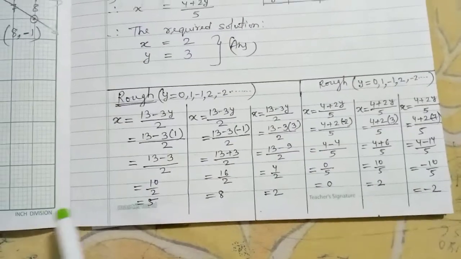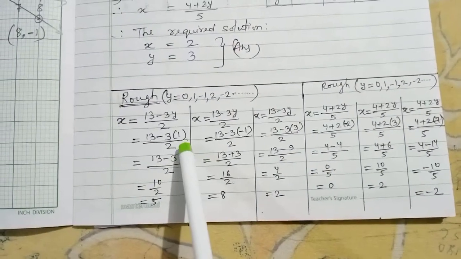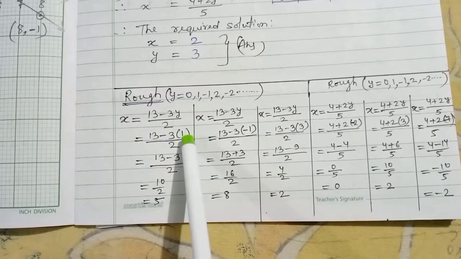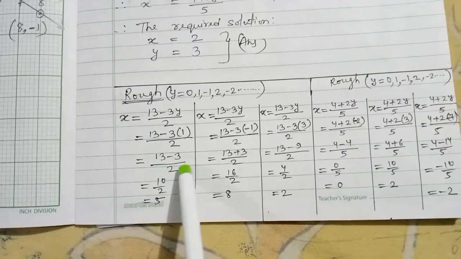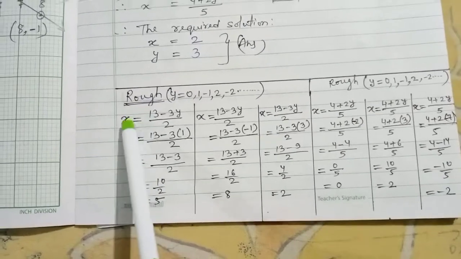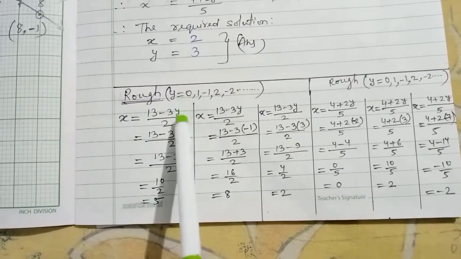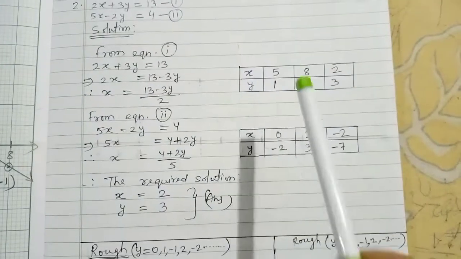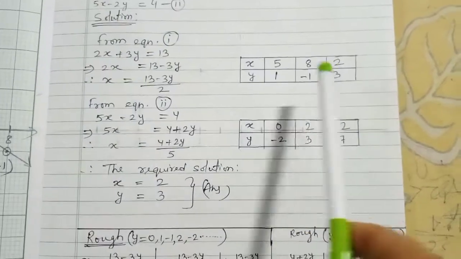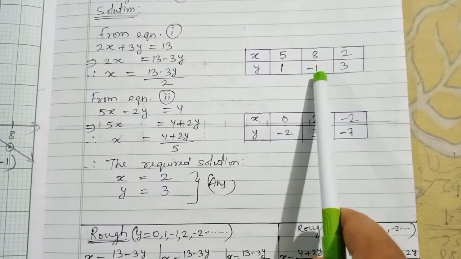You can see how 1 is successful. I have done the rough work also. 3 ones are 3, then 13 minus 3 is 10, and 10 by 2 is 5. The value of x will be 5 and the value of y will be 1. That is what I have done here. Next, children, you can see my minus 1 also is successful.